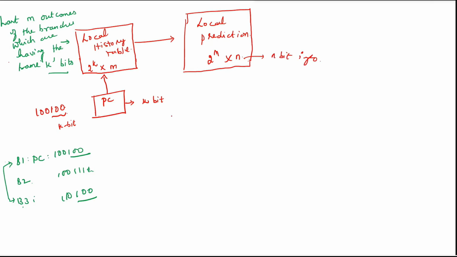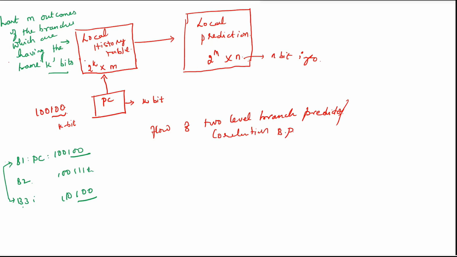Understood? This is the flow of two-level branch predictors, or correlation branch predictions. Clear?